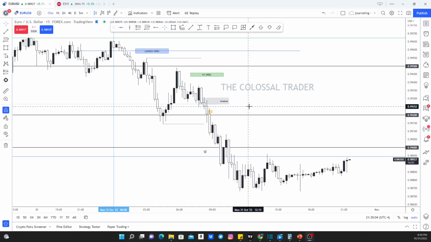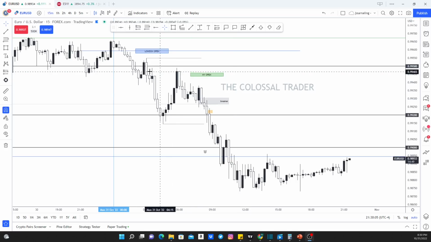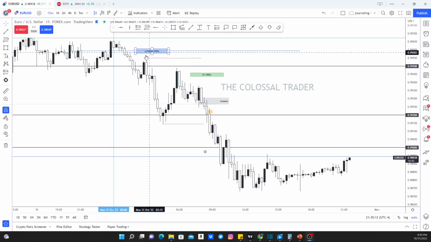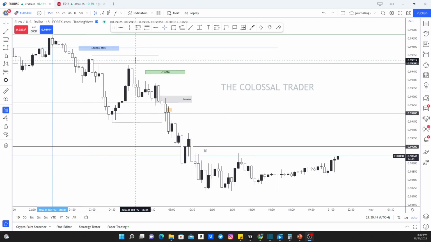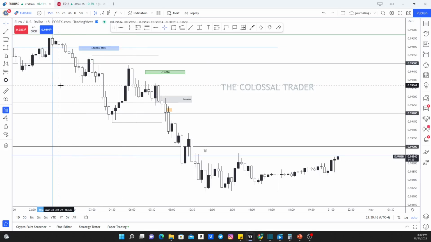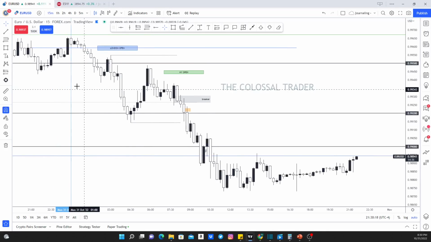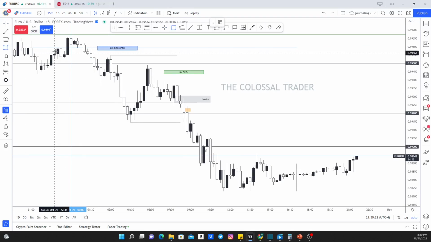If you notice, this is in the London session. I have it clearly highlighted here. There's a 15-minute chart, and you can clearly see you can use this here as a breaker.